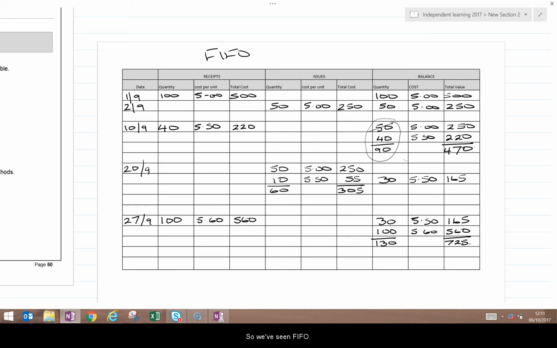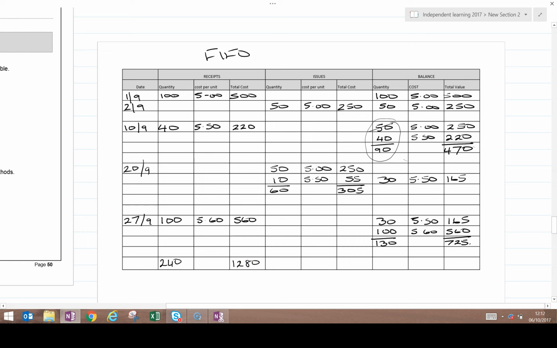So we've seen Fifo. So during the course of the month we have received in total 100 plus 40 plus 100. So we have received 240 units. The total cost of those units, if we add up the total cost column, comes to 1,280.